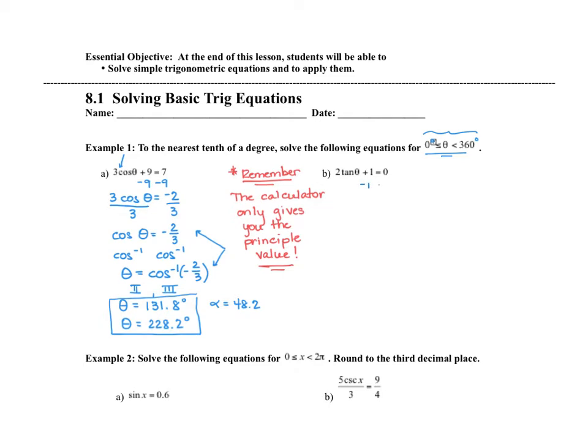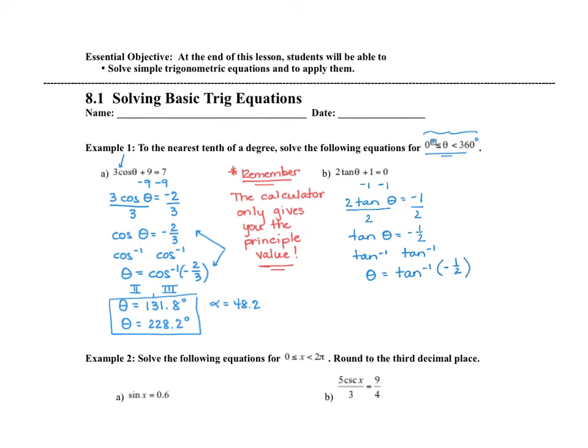If I subtract 1 from both sides, I have 2 tangent theta equals -1. When I divide by 2, I have the tangent of theta is equal to -1/2. And when I take the inverse tangent of both sides, I get theta is equal to the inverse tangent of -1/2.